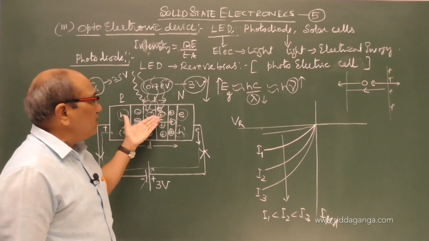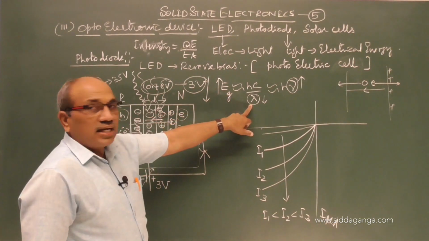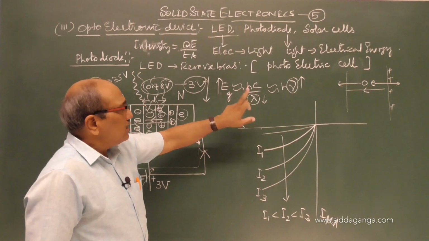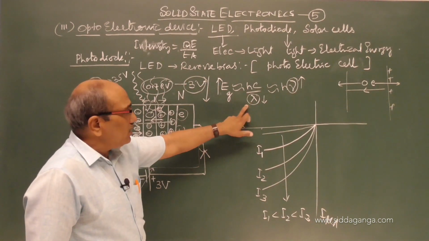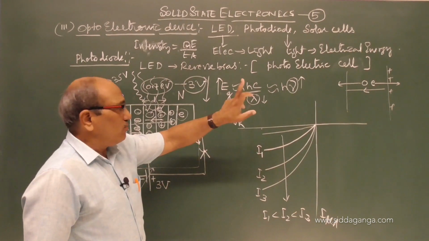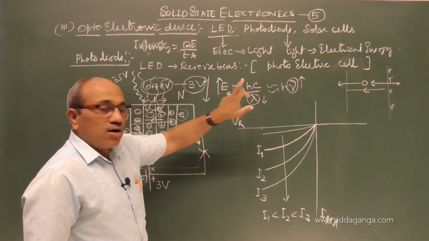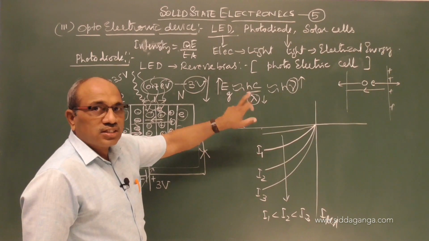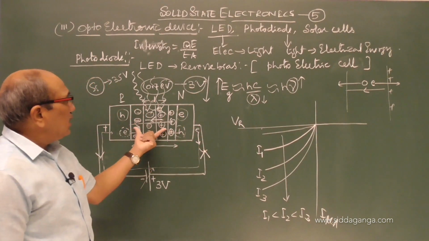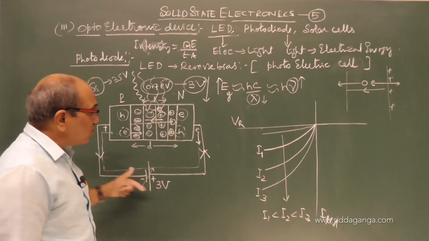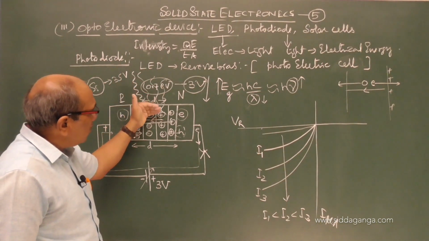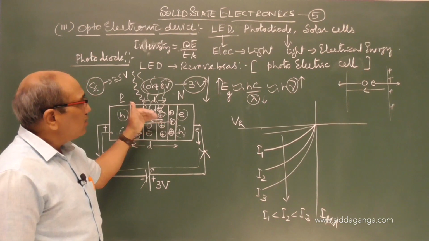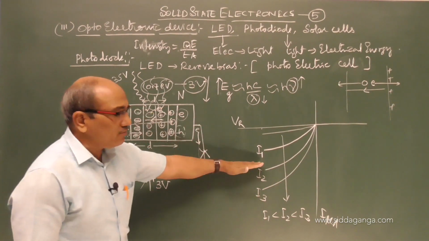Not only the visible range; again I am saying the wavelength, as previously discussed in LED, decides whether it is a UV signal, or if you want an infrared signal or a visible signal to receive, a suitable diode should be used under reverse bias. In that case, those radiations when they fall on the junction generate the current.